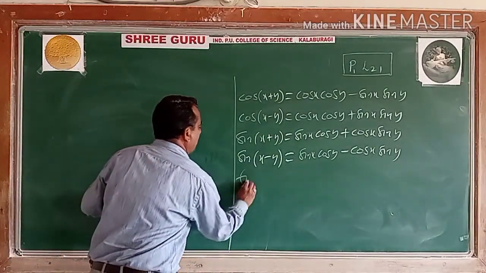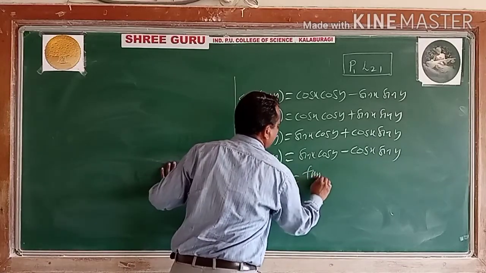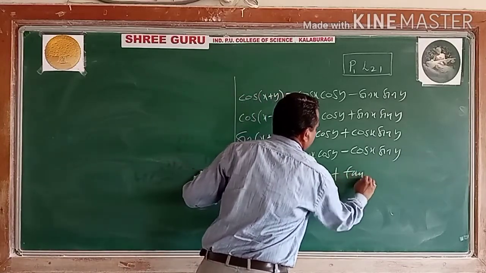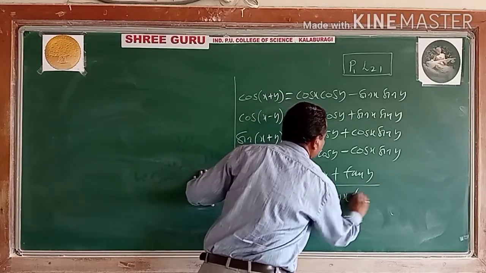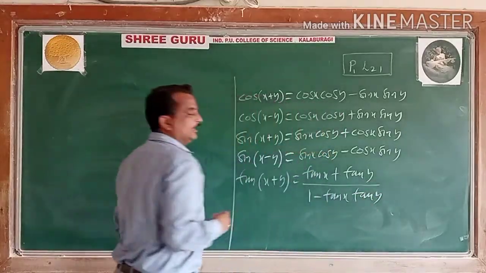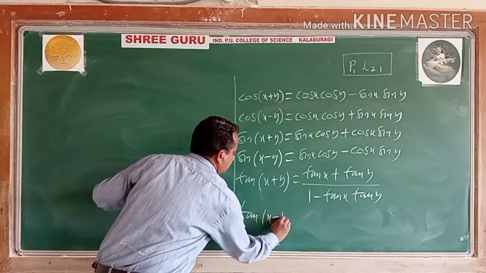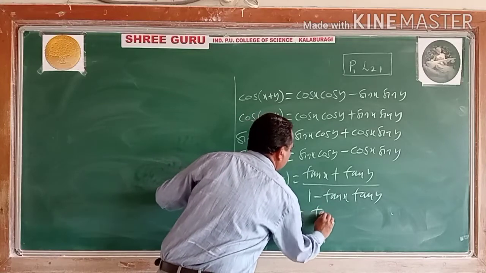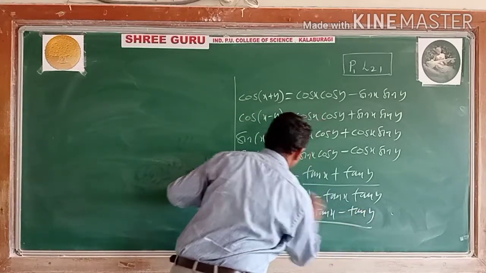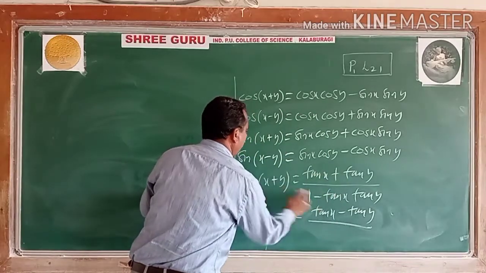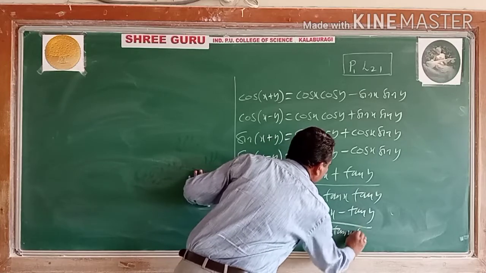Then we have proved tan of x plus y: tan x plus tan y divided by 1 minus tan x into tan y. Tan of x minus y: tan x minus tan y, same sign in the numerator, opposite sign in the denominator, 1 plus tan x into tan y.